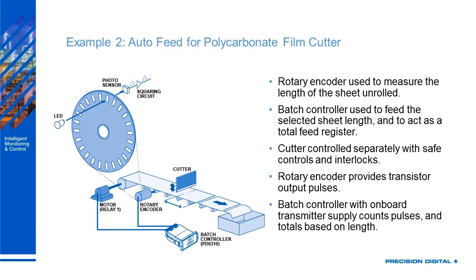And the rotary encoder, as it spins, is going to be generating pulses for each certain number of degrees on the rotary encoder disk, which equates to a certain amount of film length metered out. And then those pulses representing film length are going to come back to the batch controller so it can totalize up how much length of film has been fed out so far.